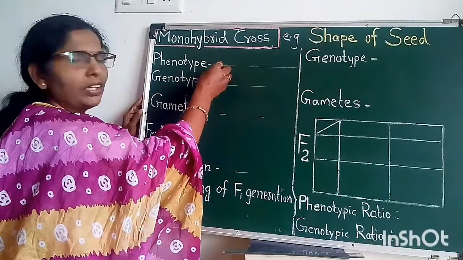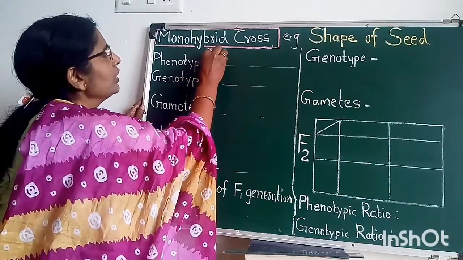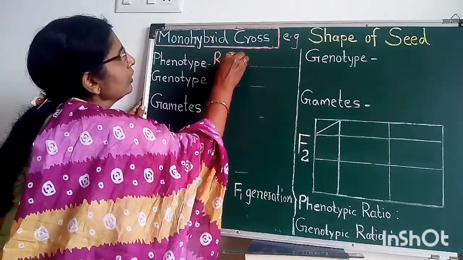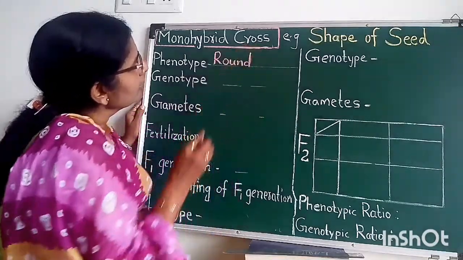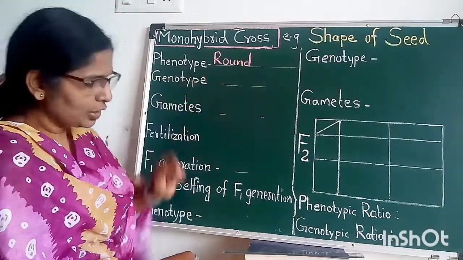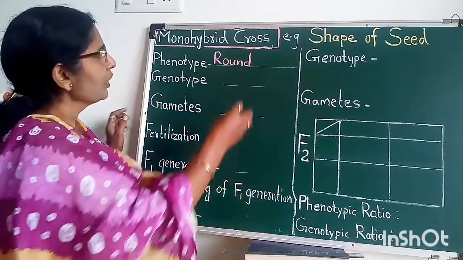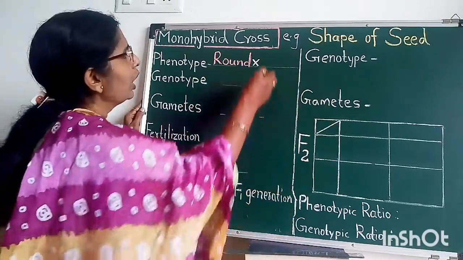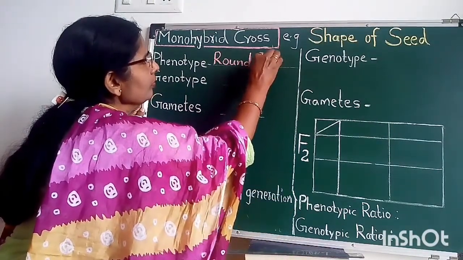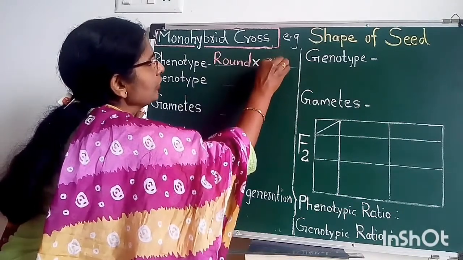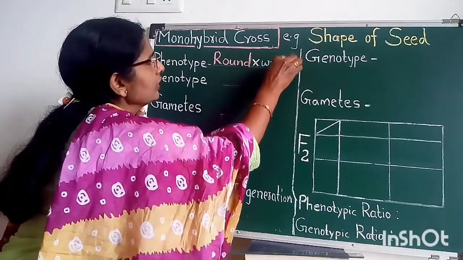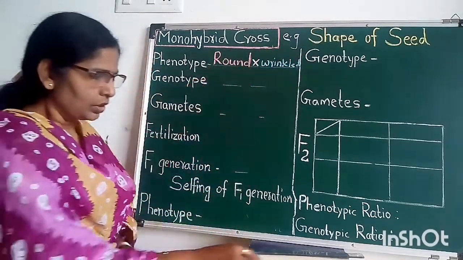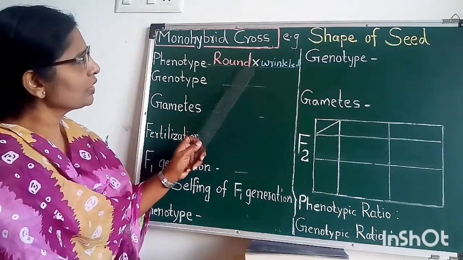The first parent, that is male parent, is with a round shape of seed. It is crossed with another parent. I am using a different color for that. The other parent, that is female parent, has wrinkled shape of seed.